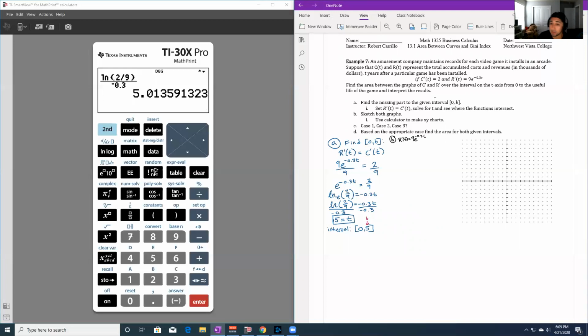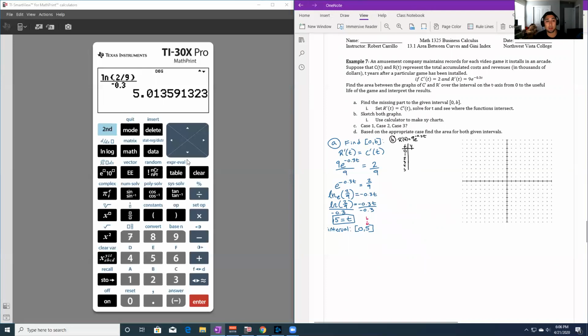Make your ty chart, or like I said, replace them all with x's, whatever you like. So here's my ty chart. And we know what numbers to pick. Our new interval is from 0 to 5. So 0, 1, 2, 3, 4, 5.